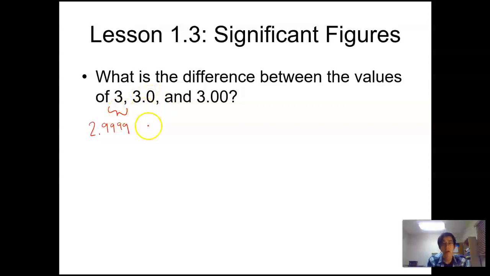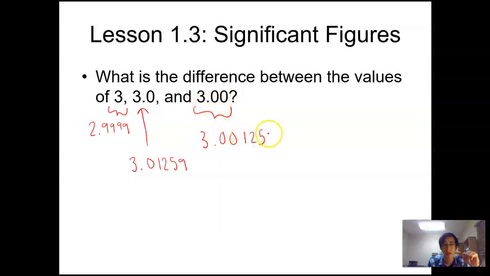Okay? So same thing with 3.0, right? 3.0 could also be 3.1259, right? It can be a little bit higher than 3, but not exactly 3. So therefore, 3.00, right? I know for sure it's a lot closer to 3, even though it might have numbers in the back that might be rounded up like that.